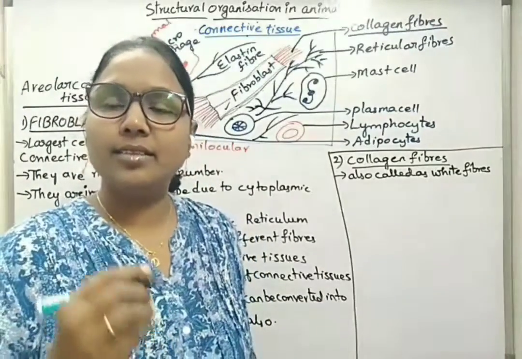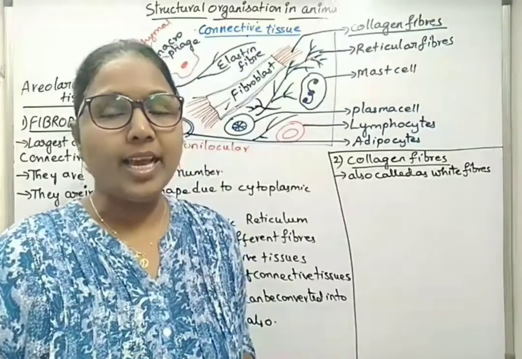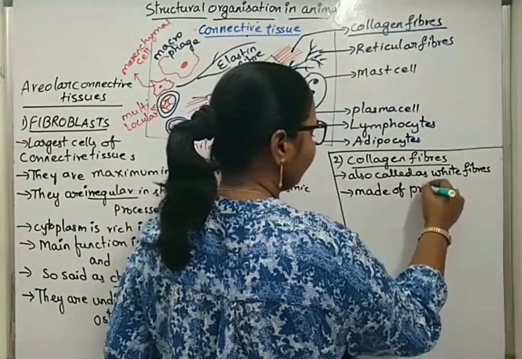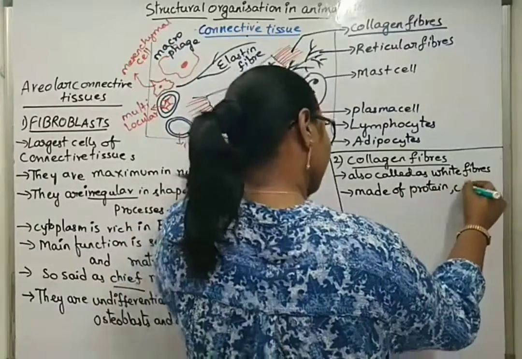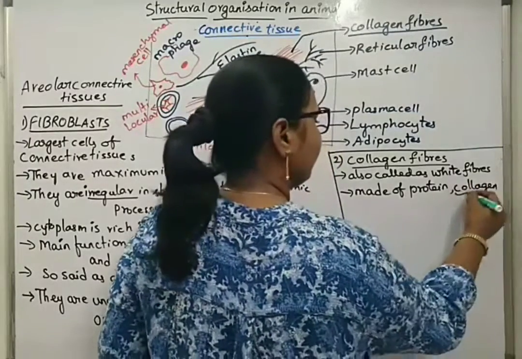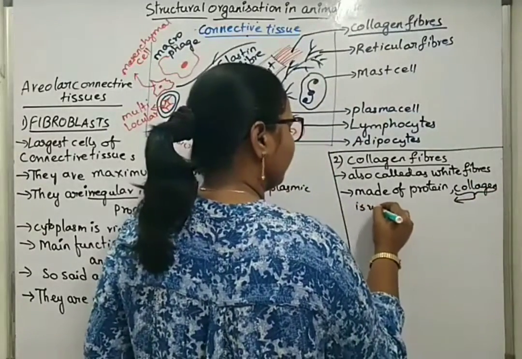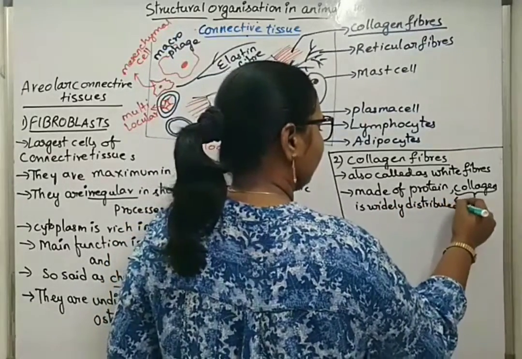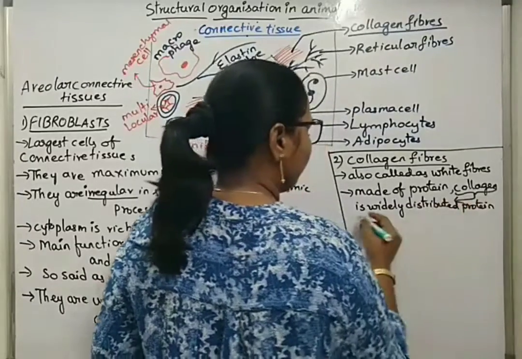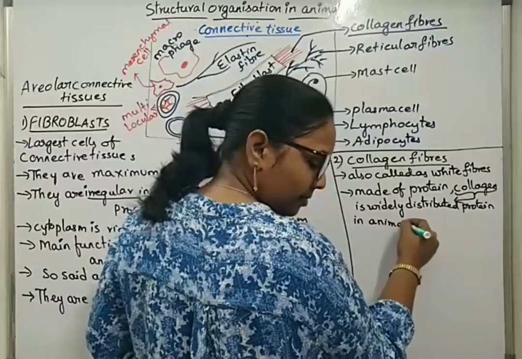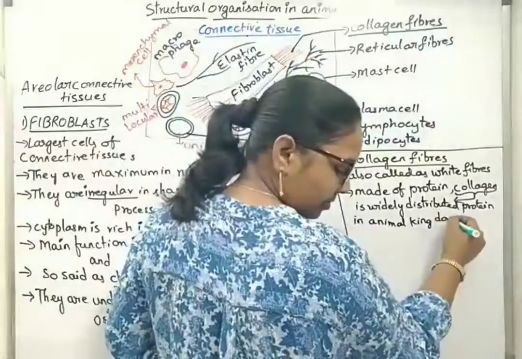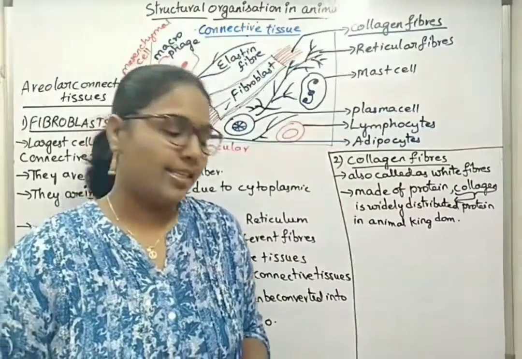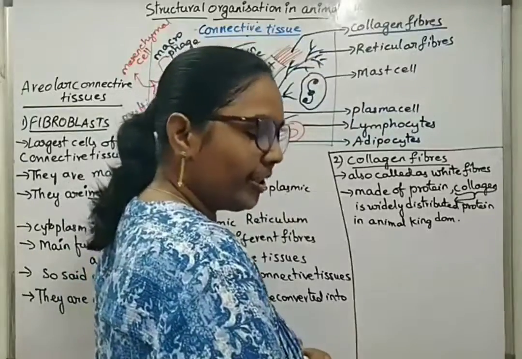Collagen is considered the widely distributed type of protein in the animal kingdom. They are wavy in shape and also non-elastic in nature, and these are found in bundles.